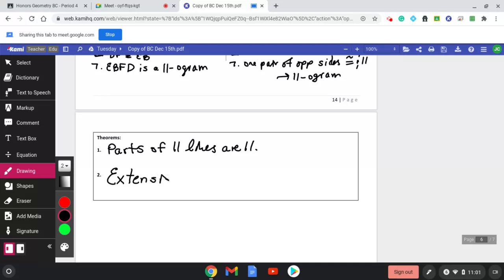Extensions of parallel lines are parallel. All right, so it depends if you need the whole thing or part of it. If you need the whole thing, use extensions. If you need part of it, use the parts.